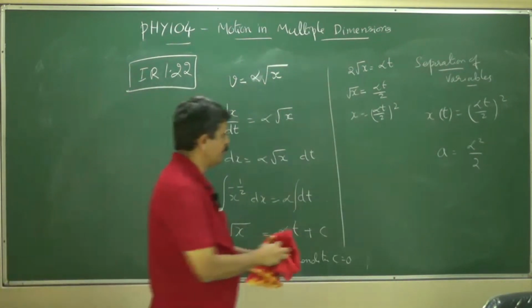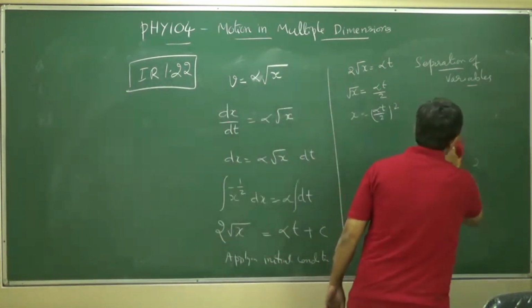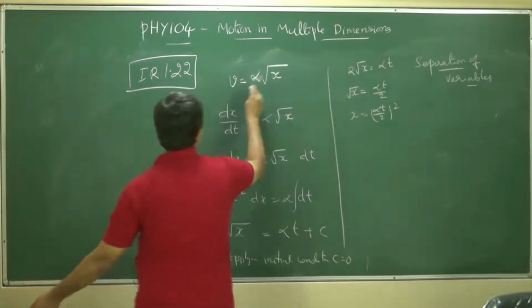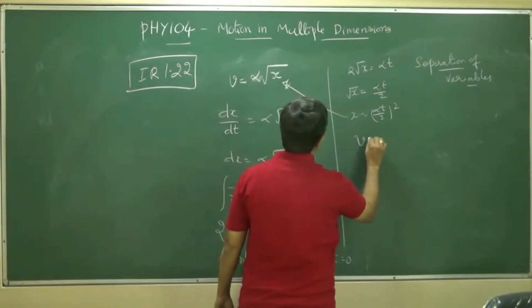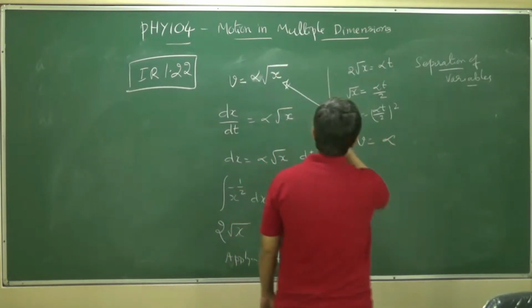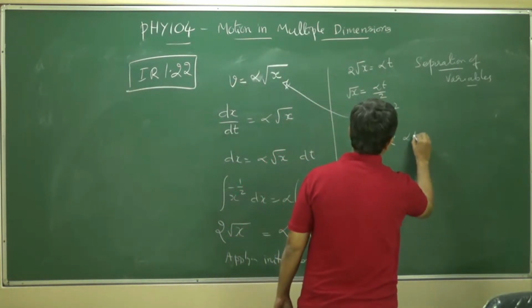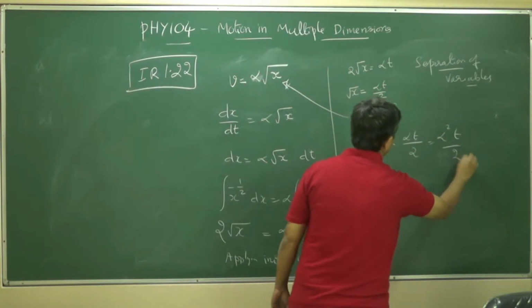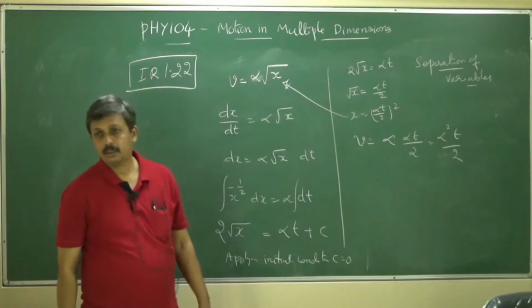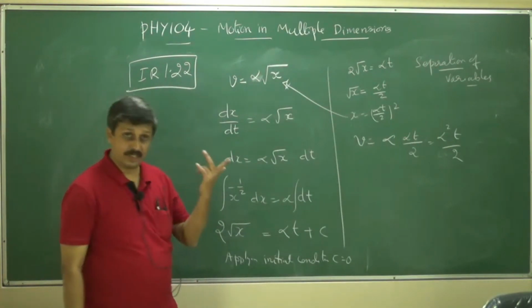Now, if you want to get v out of it, we know this formula. Substitute this back into this. V is equal to alpha into root x. Root x is alpha t by 2. So, which is nothing but alpha square t by 2. Now, I want to calculate A, which is very straightforward.